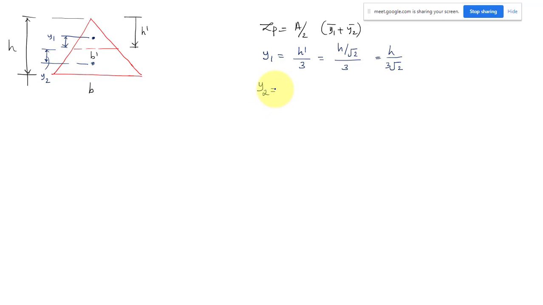And how will you find y2? For that you have to use the equation for the trapezoid directly. That will be simple. Suppose we have a trapezoid like this.